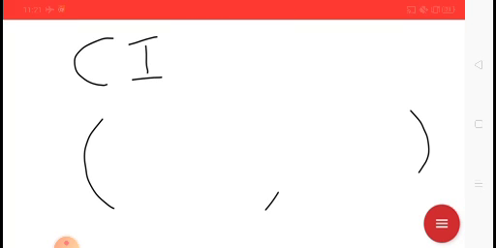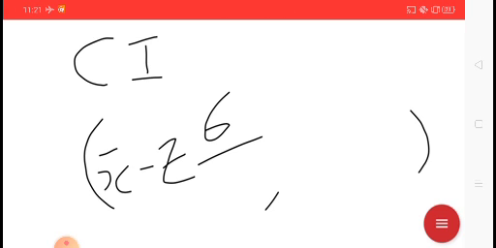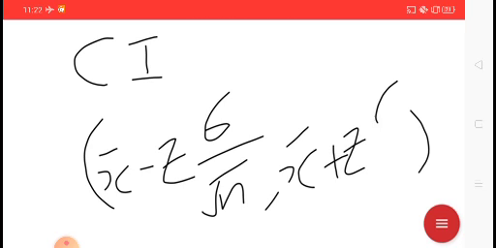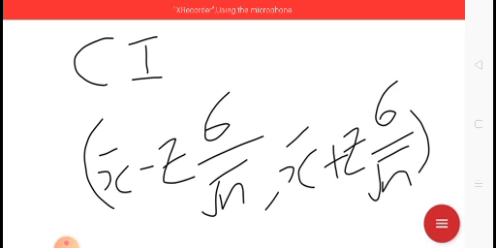The lower boundary will be the mean minus z sigma over square root n, and the upper limit will be the mean plus z sigma over square root n. This is the confidence interval.